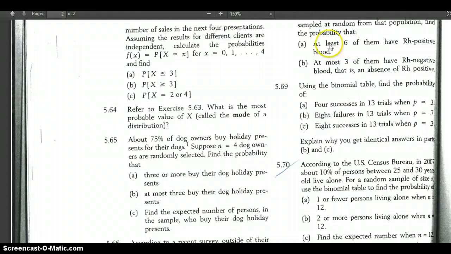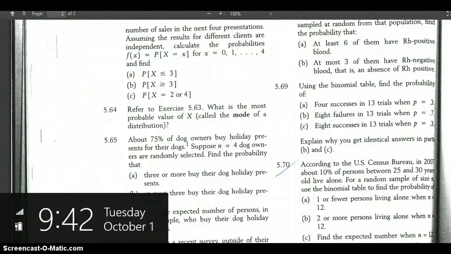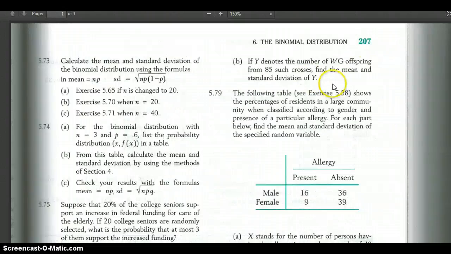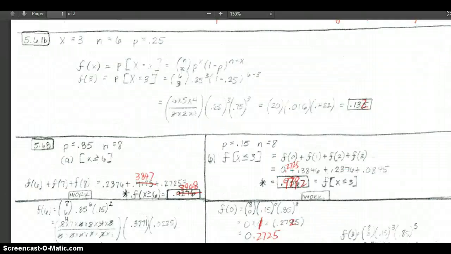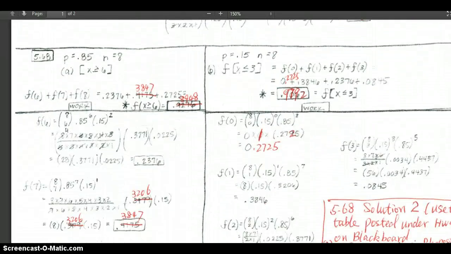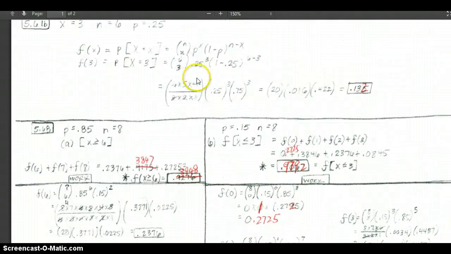In this case, we have 2 different ways of doing this problem. In the solution, what Stephanie did was this way, because we want to find the probability of at least 6 or 7 or 8 people having Rh positive blood. So we find f of 6, again using the formula from before, which is right here.